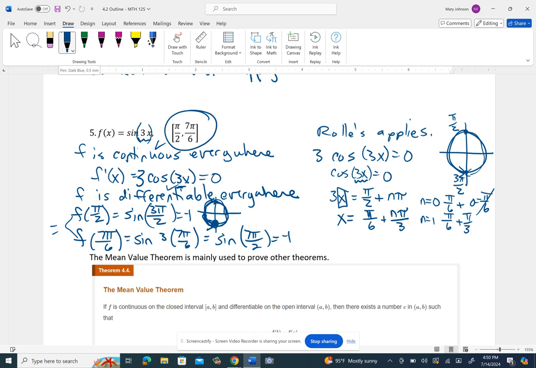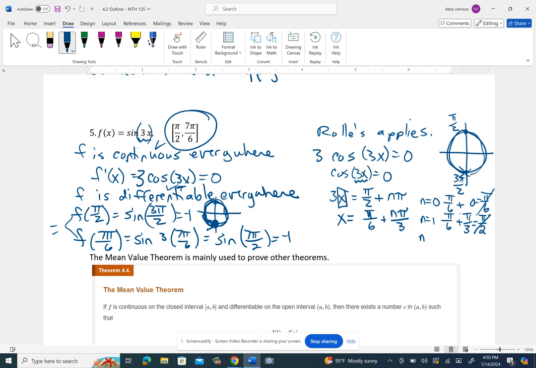That's the same as pi over 6 plus 2 pi over 6. That would be pi over 2, because you'd get 3 pi over 6. Okay, well, that's right on the end of the interval, but it's not within it.